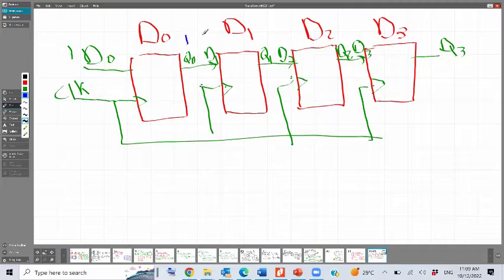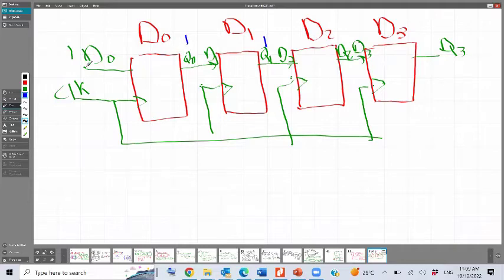This one will jump over here, and still D2 and D3 are zeros. But what will happen to Q0? I entered just 1, so the next one will be 0. Please note that, unless you have another one.